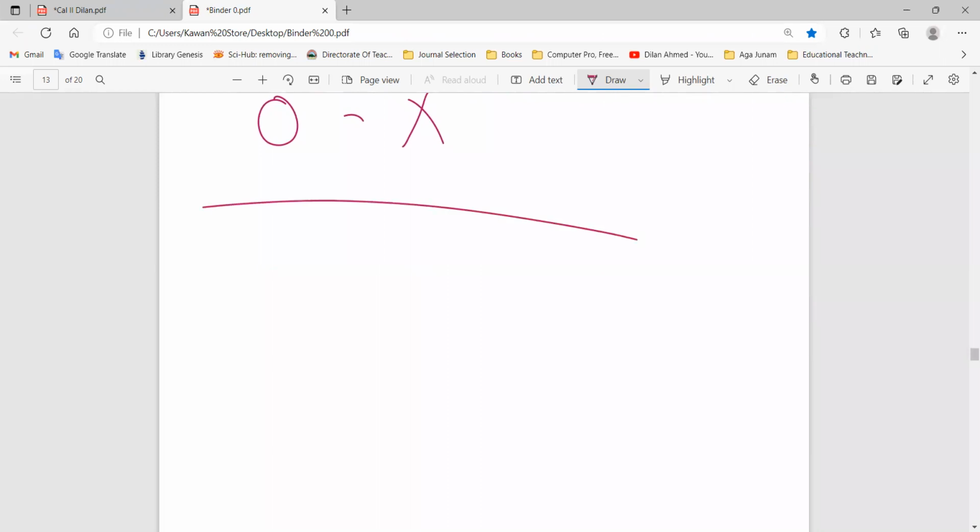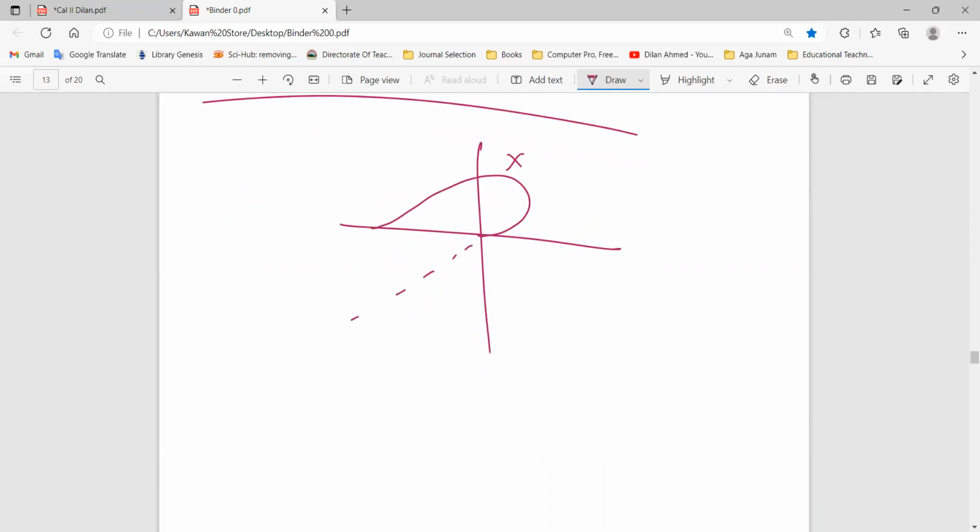If it's symmetry about the x-axis, and I check it and it's not symmetry about the y-axis, then of course it's not symmetry about the origin. If I have one symmetry and the second is not, then the third is not. Do not try it. Understood what I say?